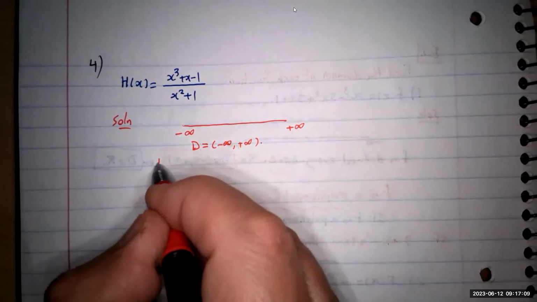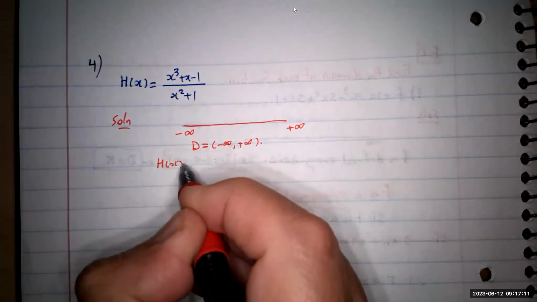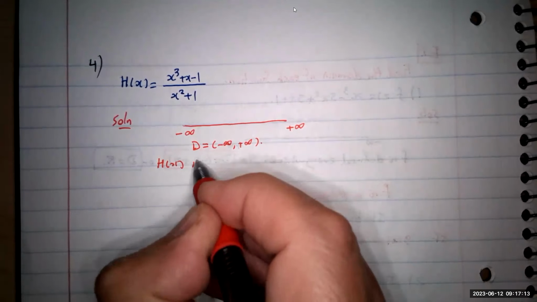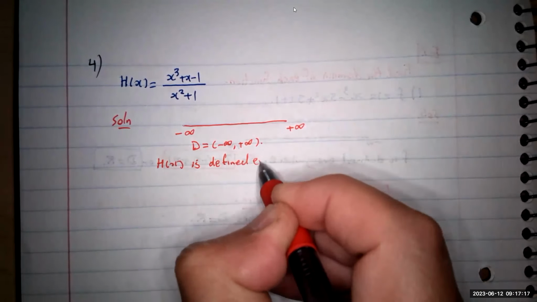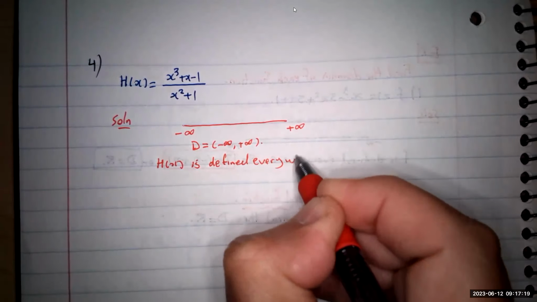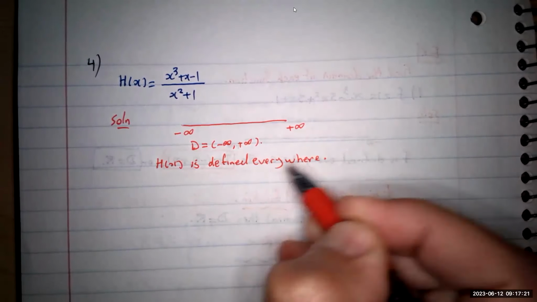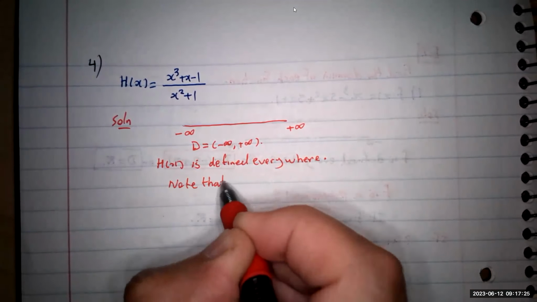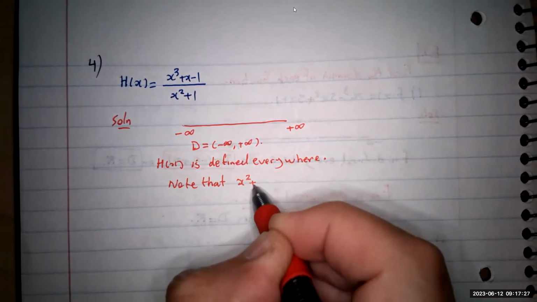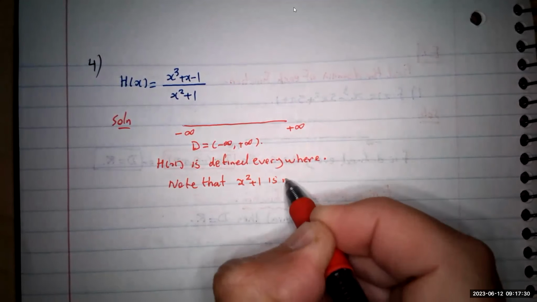You can explain it: the reason is h of x is defined everywhere. You can say that, note that, that's for your information. x squared plus 1 is not factorable.